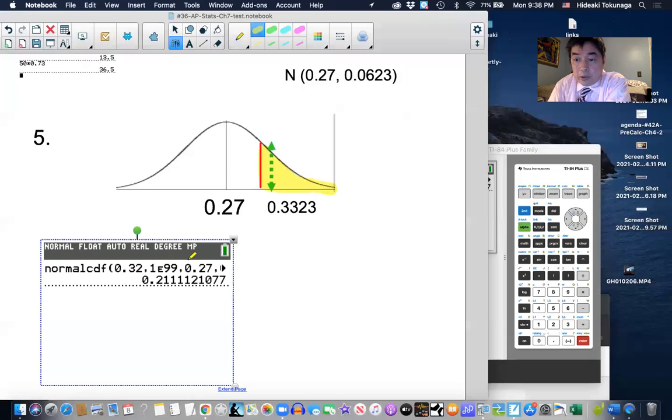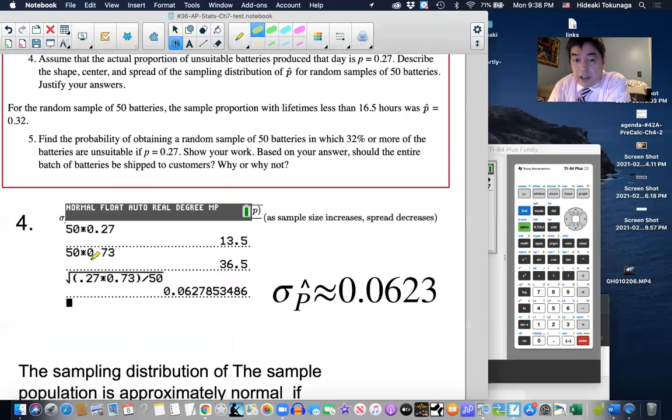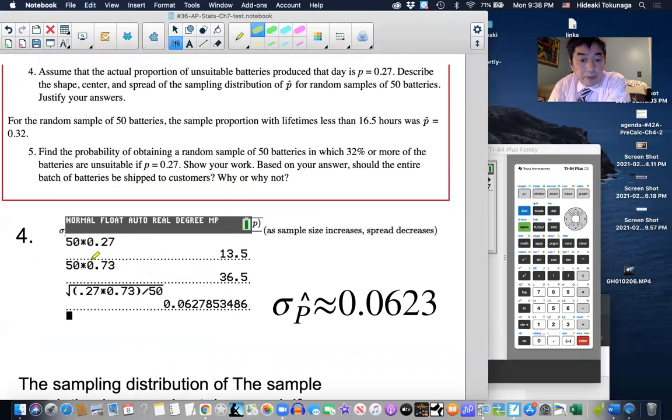You can run the z-score and calculate, or you can write down this, including the normal CDF TI-84 code. The entire batch of batteries can be shipped to the customer because, let me read the model answer. Okay.